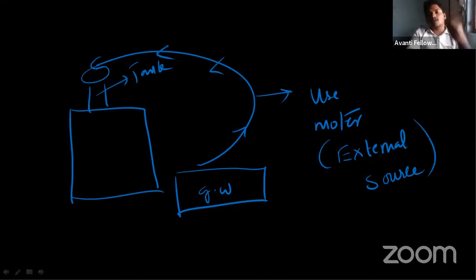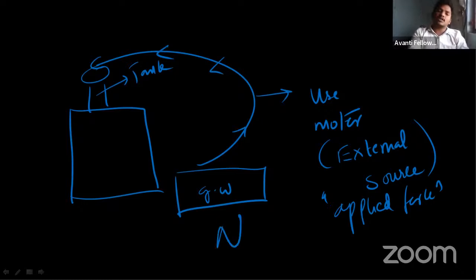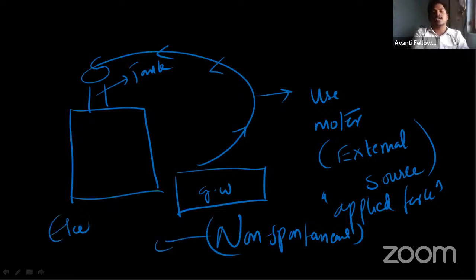With the motor you take the groundwater to the tank, which means some applied force is there. Without any influence, it can't go; you have to give some energy. So these are non-spontaneous processes. The electrolytic cell also comes under this category.